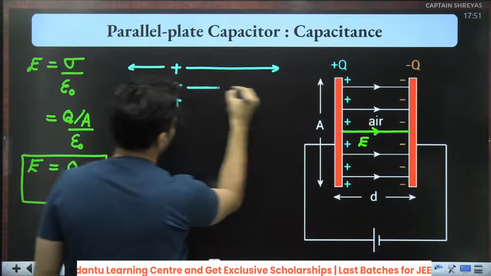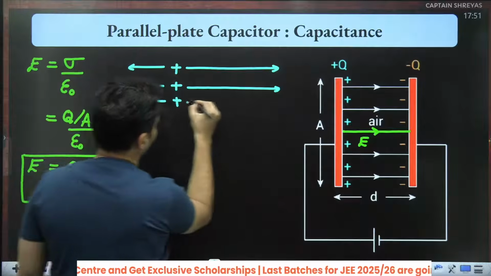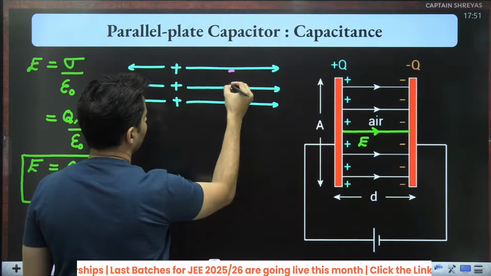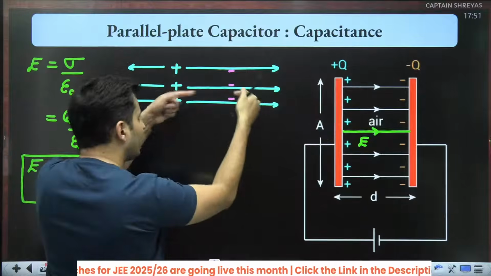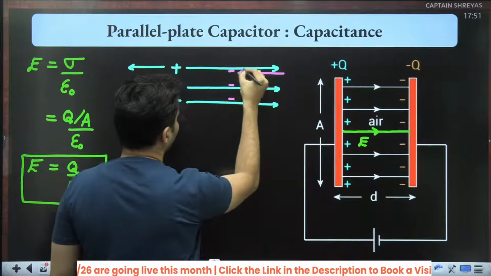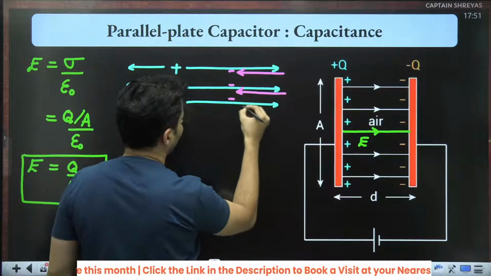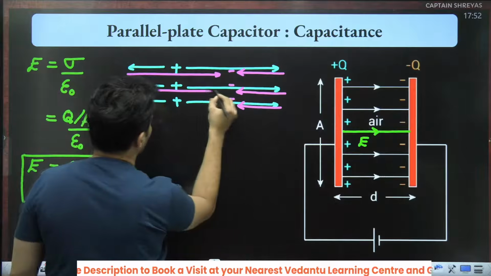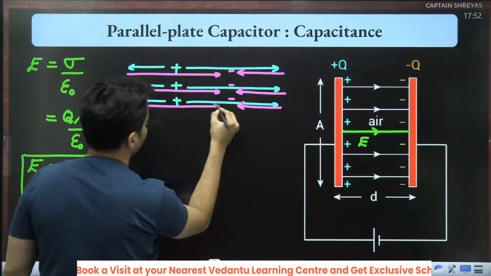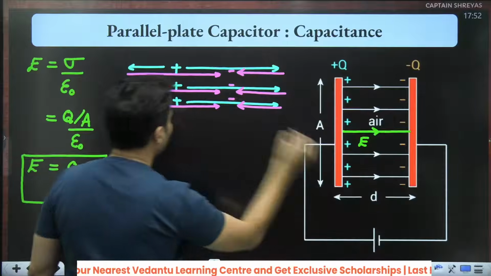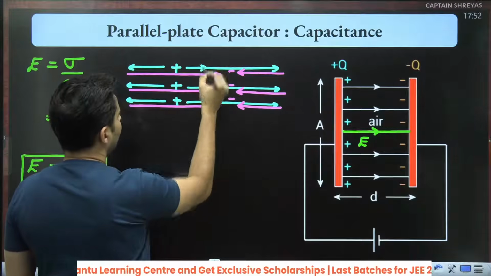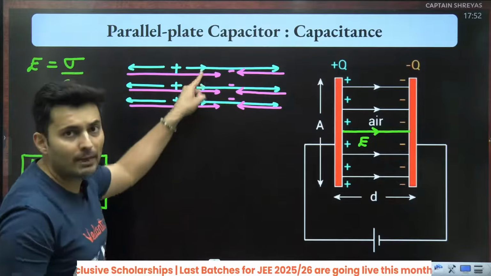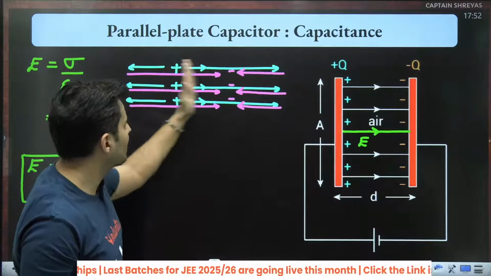And you consider the other plane of the charge, which is over here, and it's negative. So electric field will be pointing inwards. Do not forget, electric field has to point inwards like this. Electric field goes like this, and like this. And the interesting thing you see is in between also, where you will notice that the pink and the light blue lines, they are actually in the same direction in between.